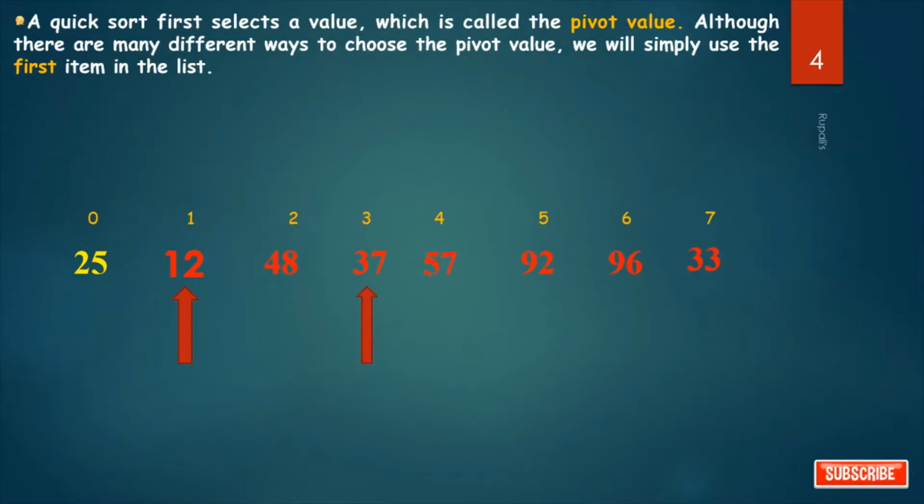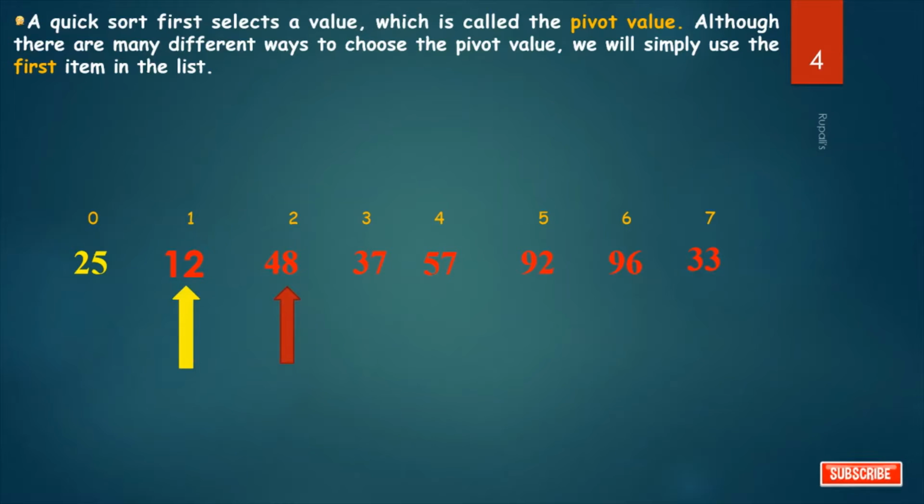So, skip. 48 is greater than 25. So, skip. Now 12 is less than 25. So, stop. Now the lower pointer. In case of the lower pointer, 12 is less than 25. So, skip. 48 is greater than 25. So, stop. Now see the situation.